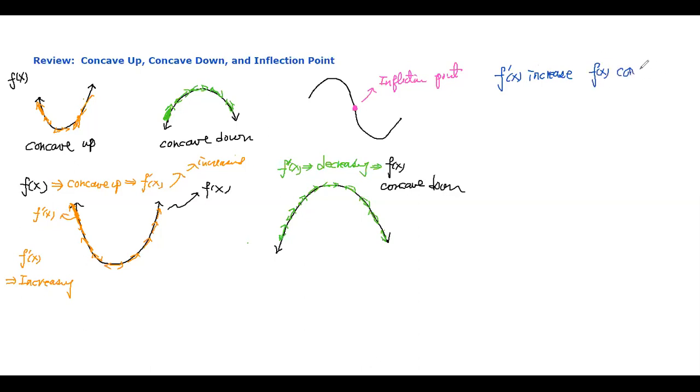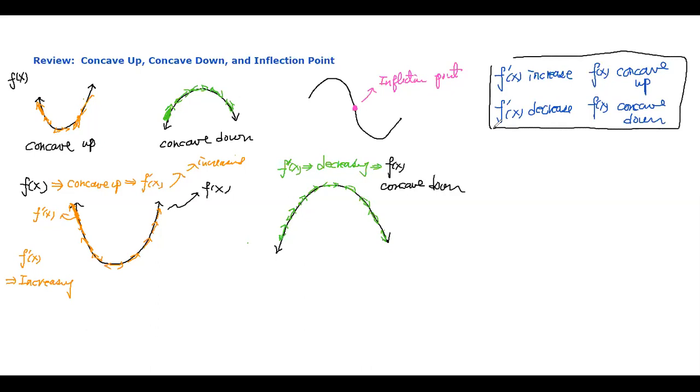If f prime x is decreasing, then my f of x is concave down here, right? So let's be careful. This is our first set of formulas, if the graph given to us is the first derivative. That is how the first derivative is related to concave up and concave down.